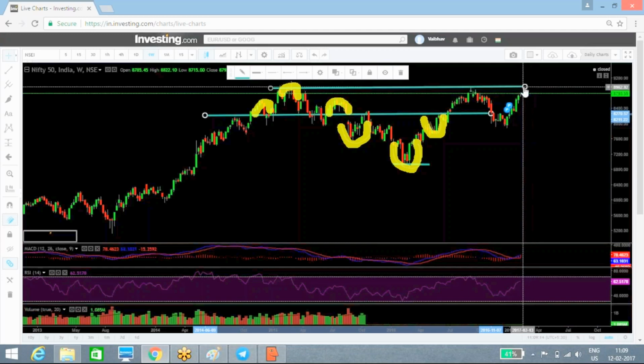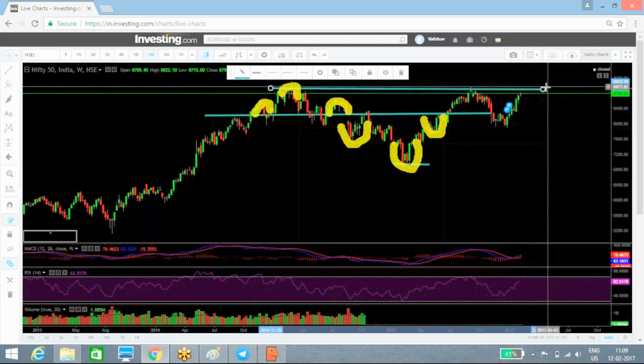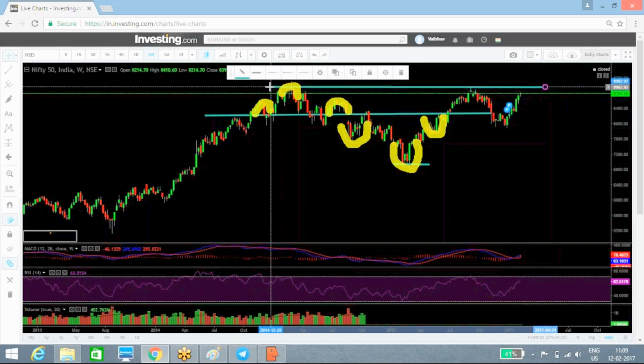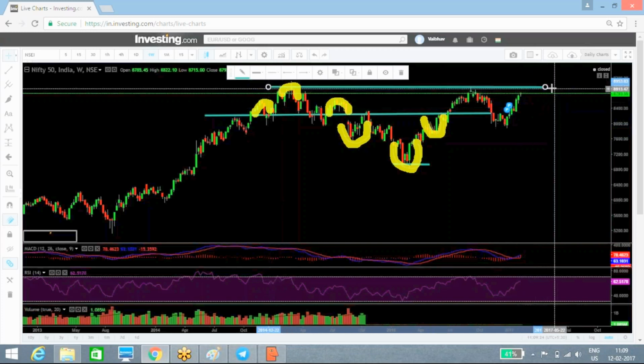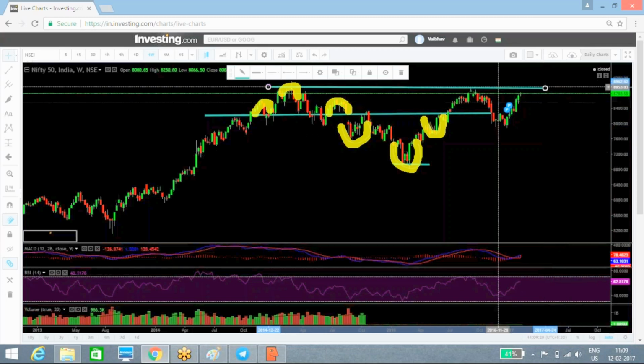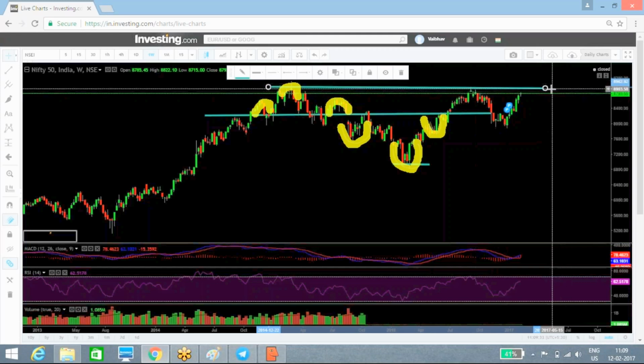And that's why we are so bullish. You see the level 8903 or 8904.